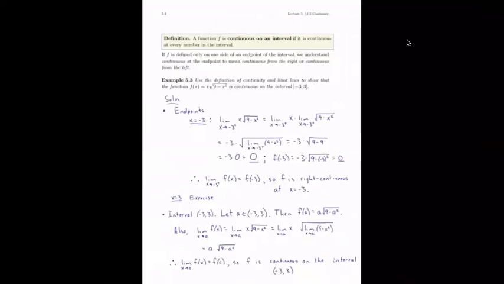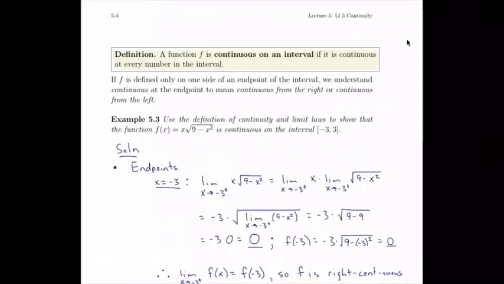So, being continuous on an interval. So far, we've only talked about whether or not a function is continuous at a given point. A function f is said to be continuous on an interval if it is continuous at every number in the interval. So if we can show that a function is continuous at every a in some given interval, then we'll know that the function's continuous on that interval.